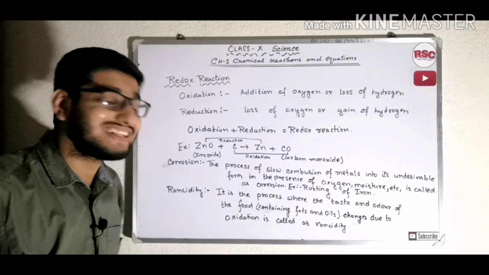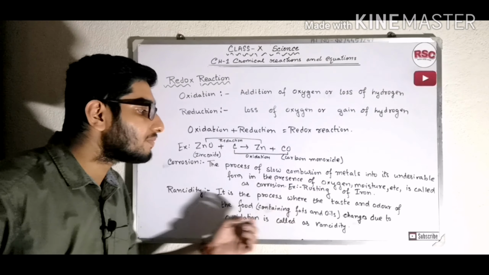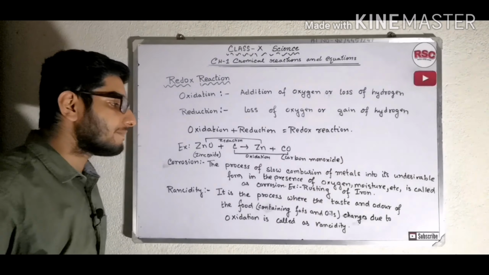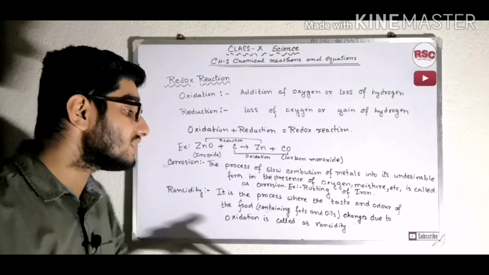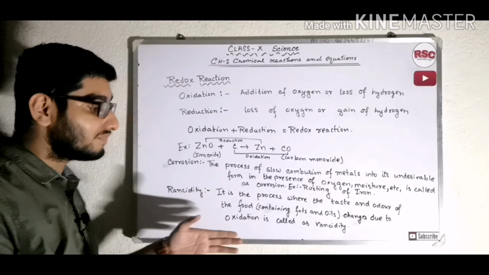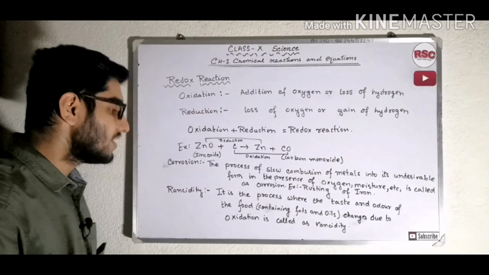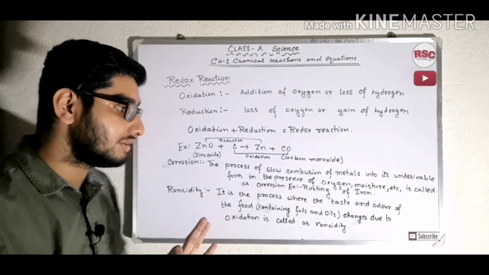Why does rancidity occur? Due to the process of oxidation. The change of taste and odor occurs since the fat and oil containing foods get oxidized. Now this completes our chapter.